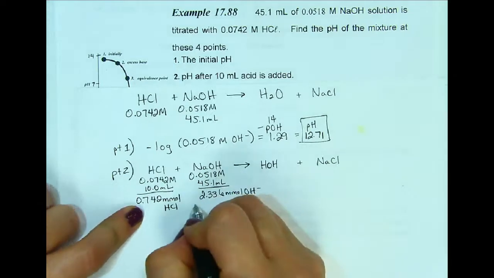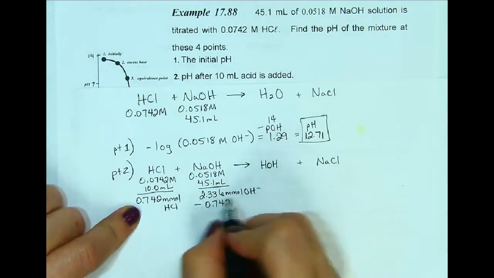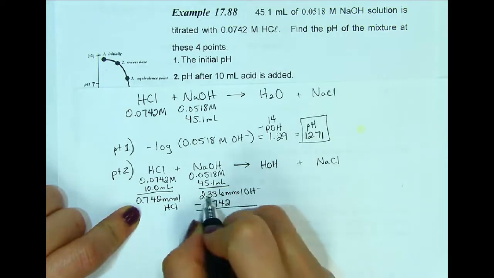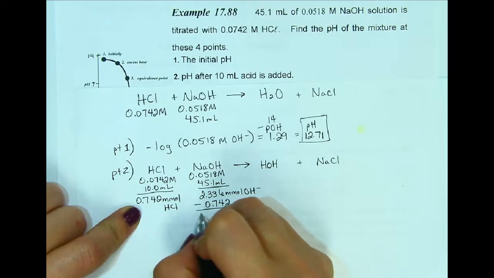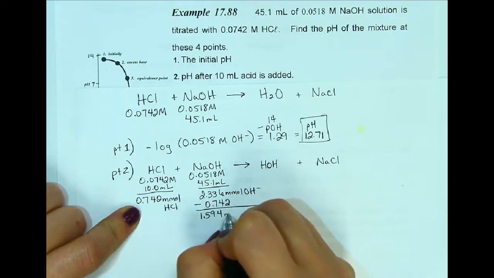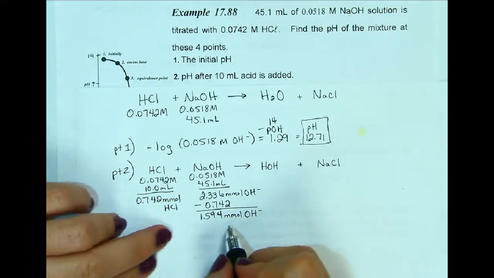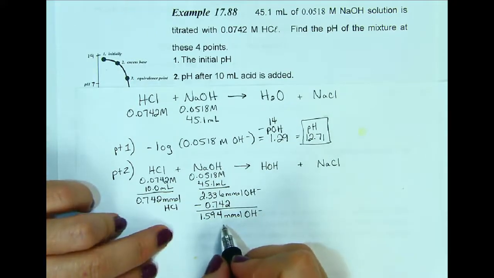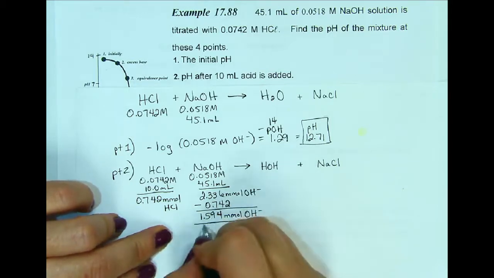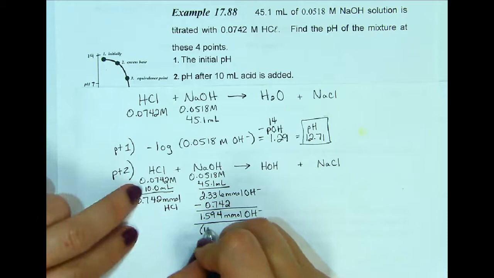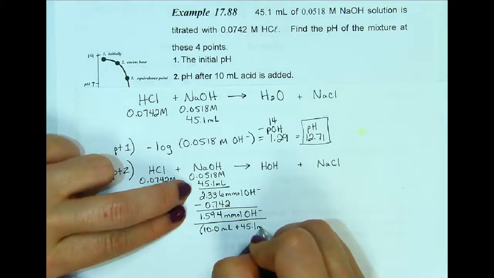So what I'm going to do is subtract the 0.742 millimoles from this hydroxide, because that's how much is going to be canceled out by the acid, and what I have left over is 1.594 millimoles of hydroxide remaining. Now I need to know this molarity so that I can get the pH, and the molarity is going to be the millimoles divided by the total volume, 10.0 milliliters plus the 45.1 milliliters.